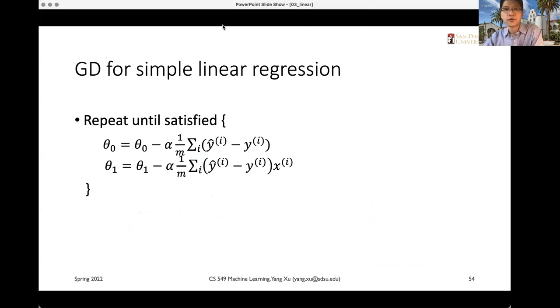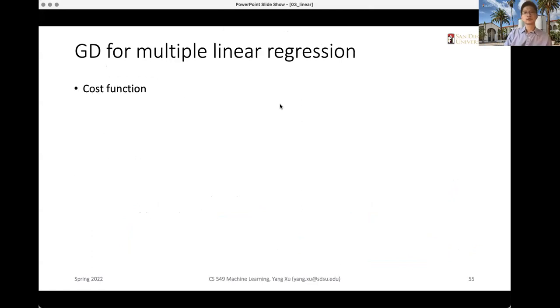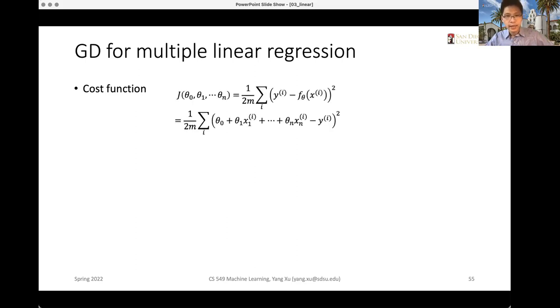So that's for the simple linear regression. And it extends naturally to the multiple linear regression, because we have more than two parameters, when we have n parameters. That's how the cost function looks.